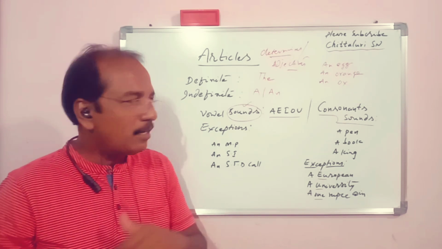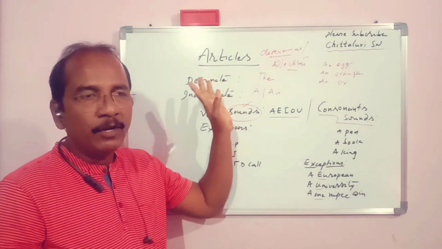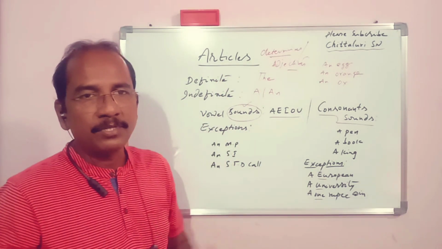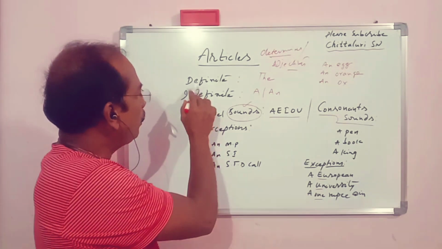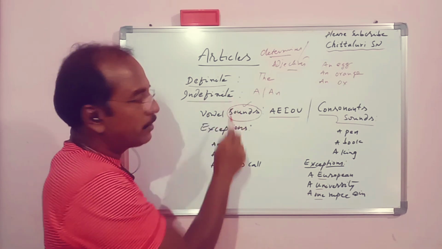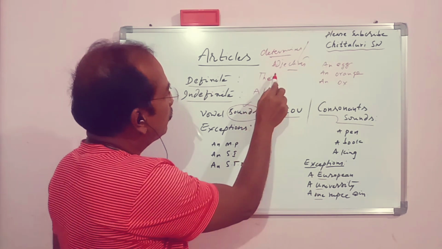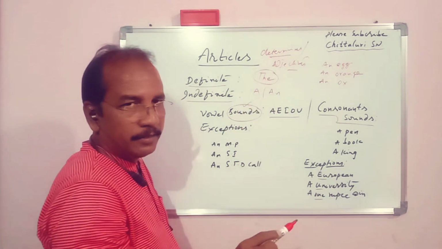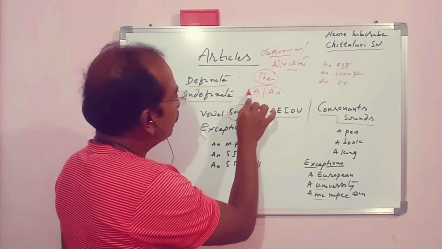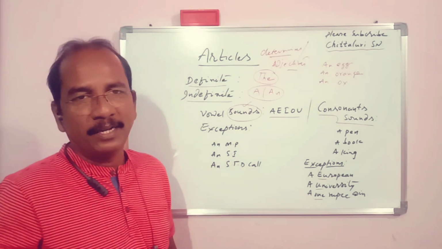Is it clear, friends? Let us see how they work. Articles are of two types. Number one is the definite article. Number two is the indefinite article. What is a definite article? The is the definite article. Coming to indefinite, a or an are indefinite articles.